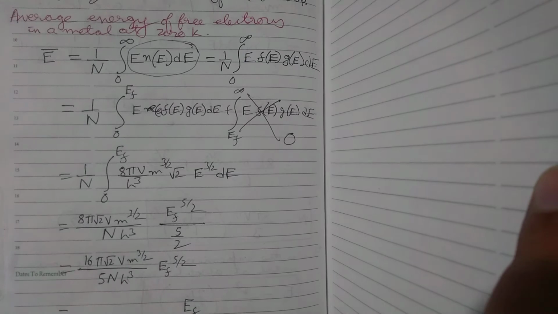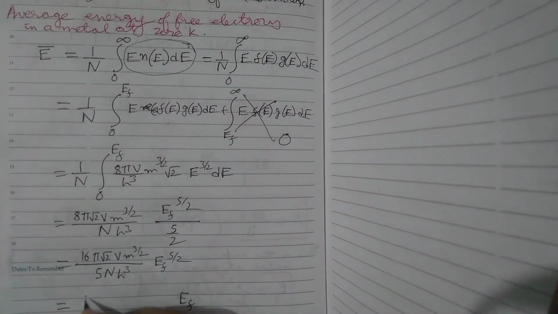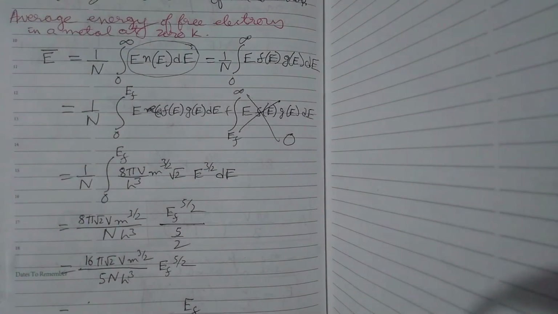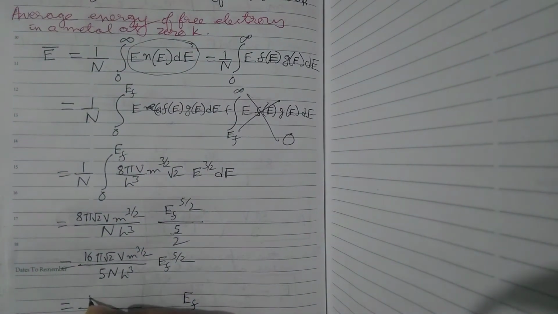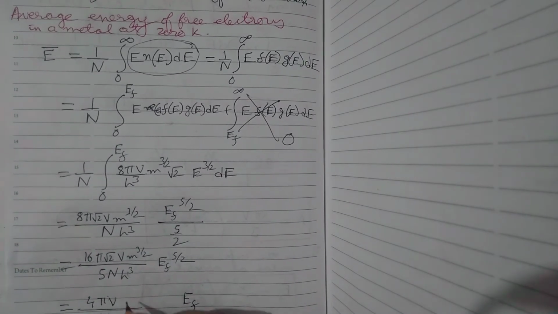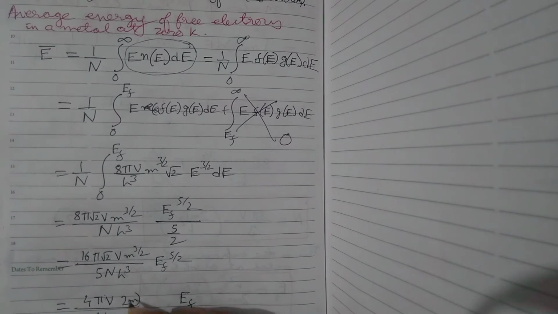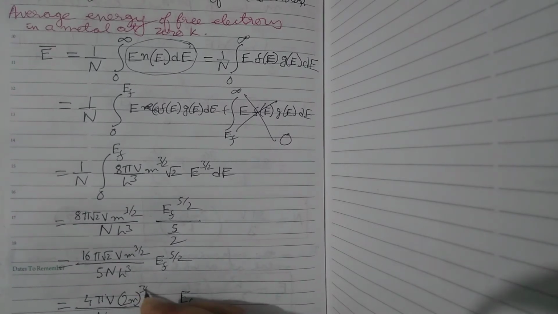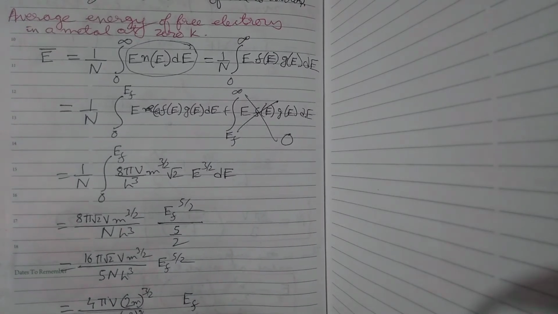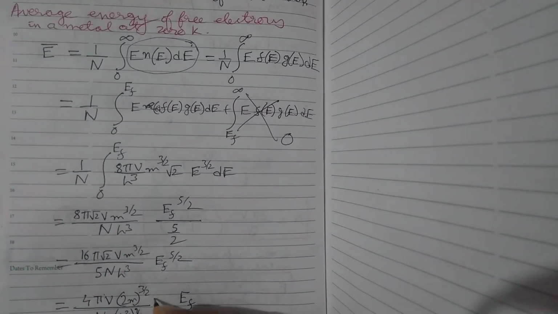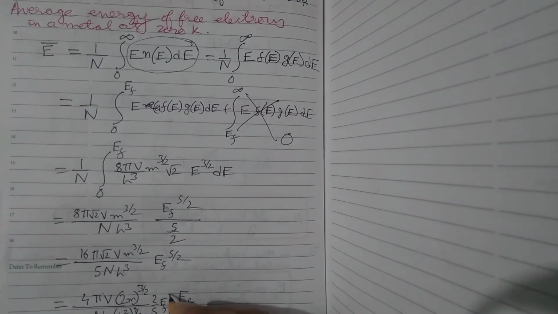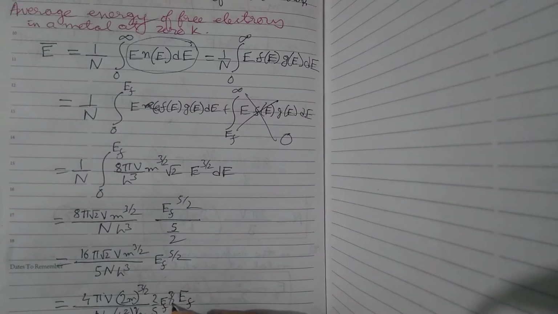So you can write it like this: 4 pi V by N into 2m to the power of 3 by 2 by h square whole to the power of 3 by 2 into 2 by 5 into EF to the power of 3 by 2.